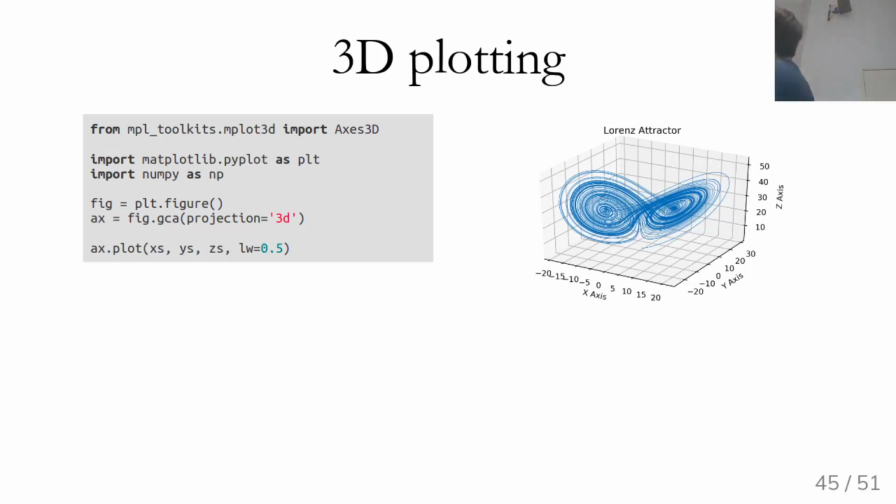You can also plot in 3D with Matplotlib. You import from mpl_toolkits.mplot3d import Axes3D. You just need to import it, you don't do anything with it. And then if you create an axis, you need to set projection equal to 3D. If you have an interactive axis, you can spin it around and pan and zoom and everything.